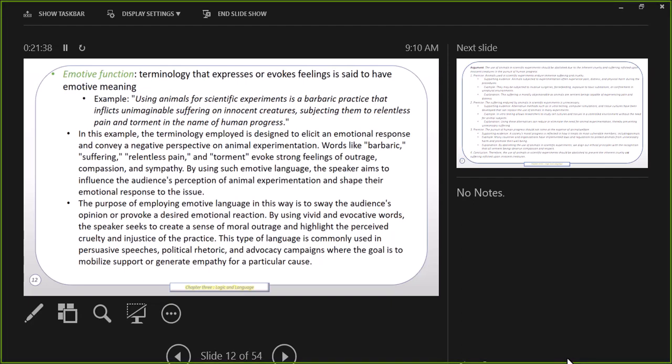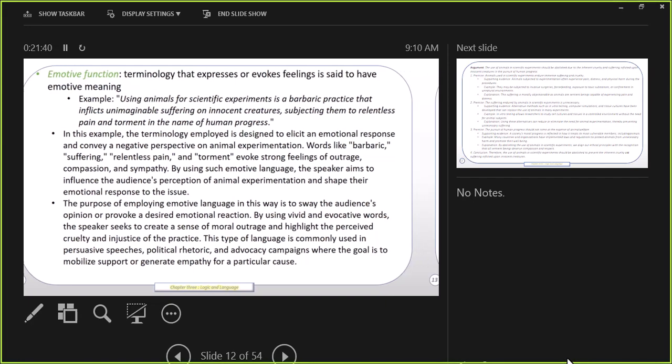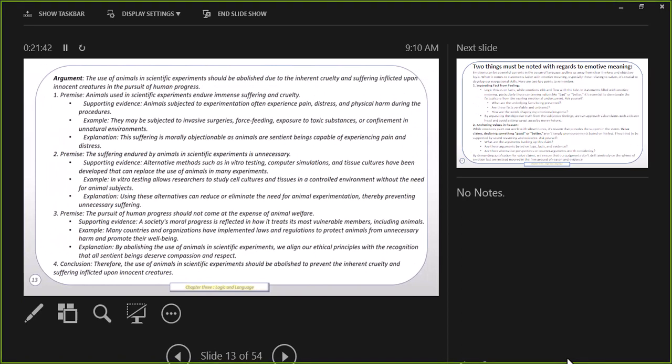Now look at the re-expressed form of this argument. The first premise is animals used in scientific experiments endure immense suffering and cruelty. Then the statement that comes after it is just simply supporting with evidence and reason. Premise 2, the suffering endured by animals in scientific experiments is unnecessary.